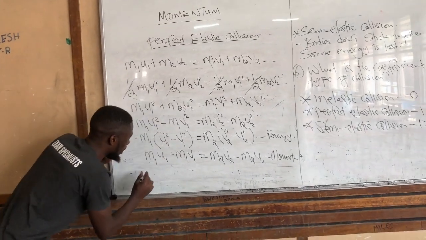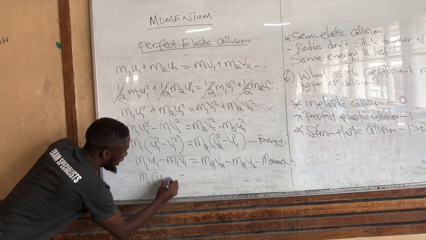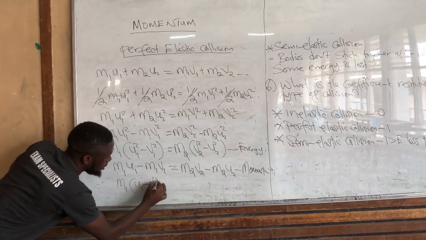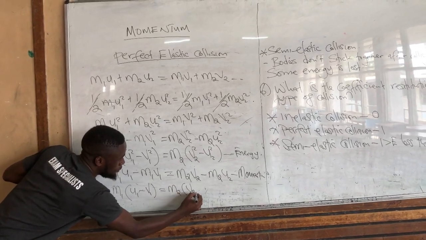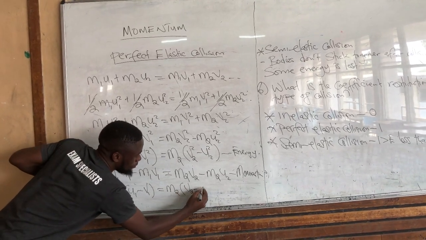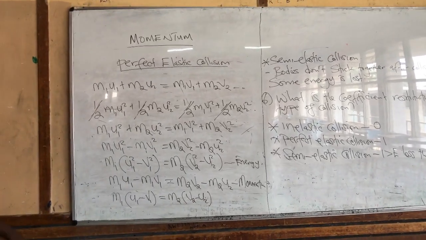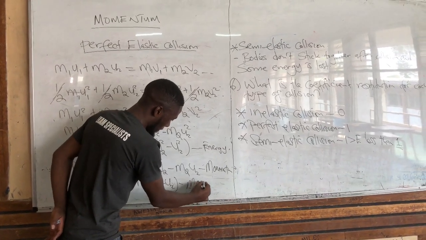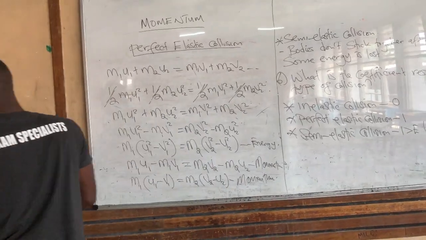Let's factor out M: M1 times (U1 minus V1) equals M2 times (V2 minus U2). So we have simplified this one, and it is still momentum.